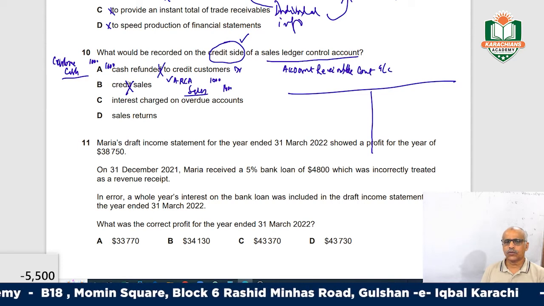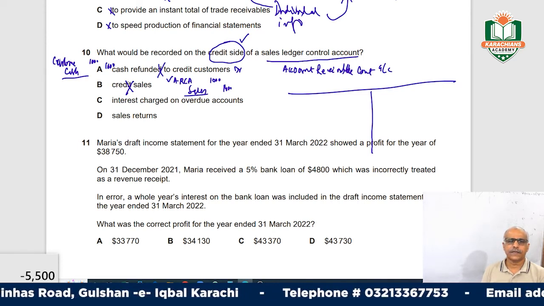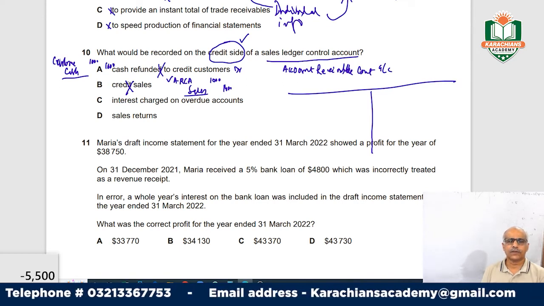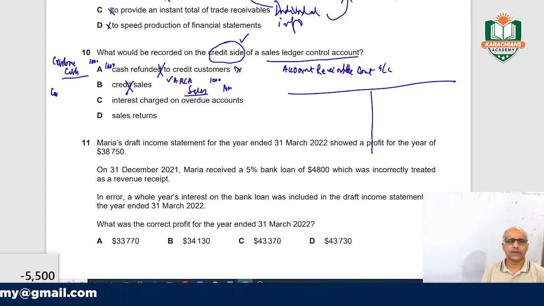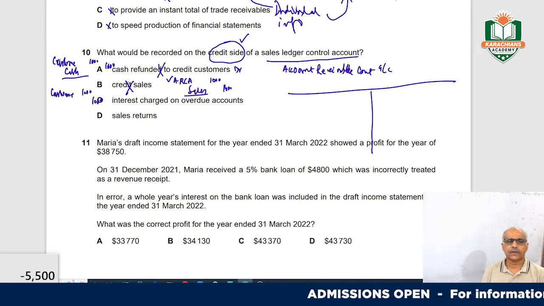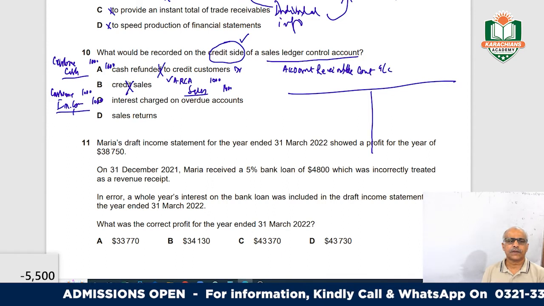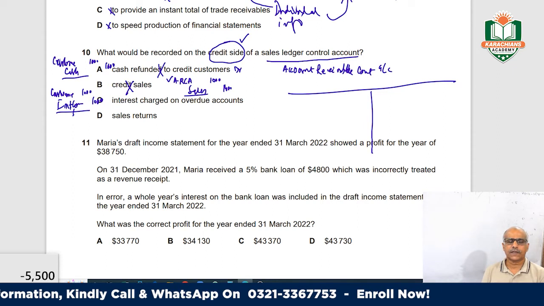Interest charged on overdue accounts. So what entry is made when some amount of interest you have to receive and you have charged on your customer? You debit your customer, if I am saying 1000, then interest income will be credited.